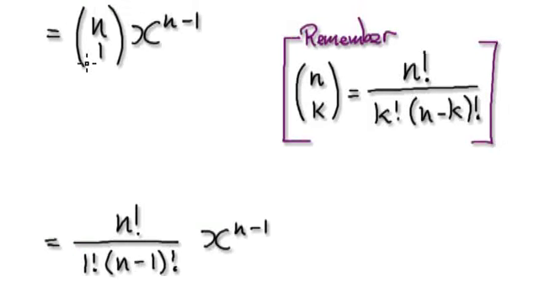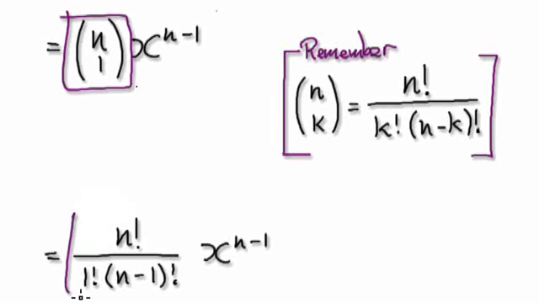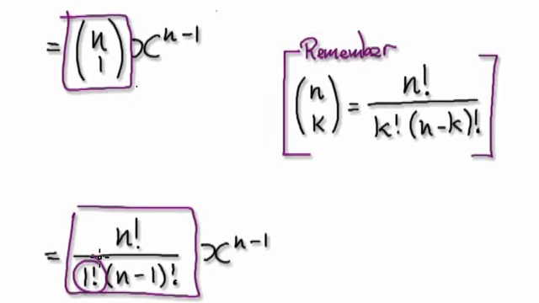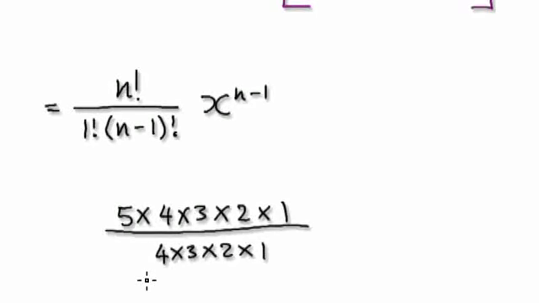So we got to this stage here. Now this thing here becomes this. It's nice and simple because 1 factorial is just 1, so we can forget about this. And now we've got n factorial divided by n minus 1 factorial. That's like 5.